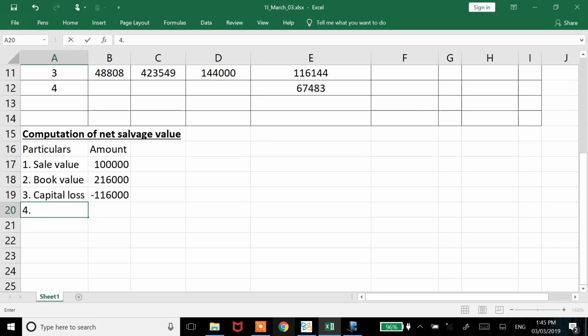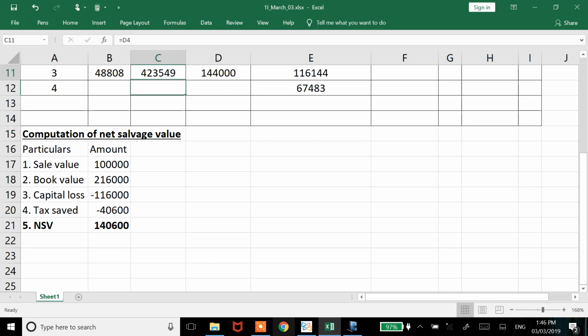Tax saved 46,000. NSV 1,46,000. Sale value is 1 lakh, book value is 2,16,000, capital loss of 1,16,000, tax saved of 46,000, and NSV is 1,46,000. Any doubts on this?